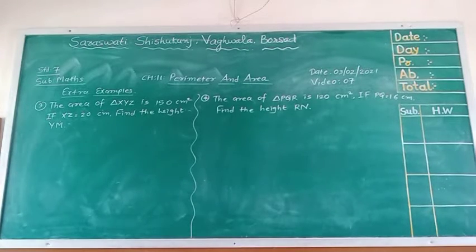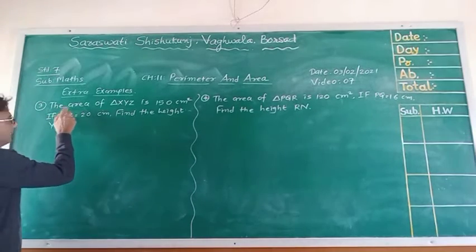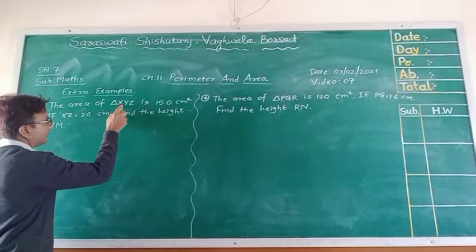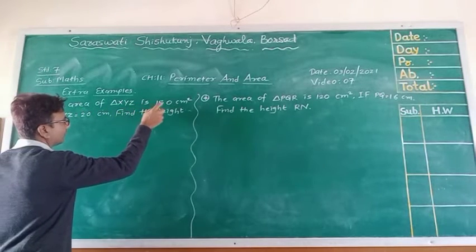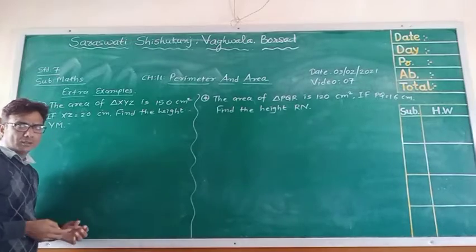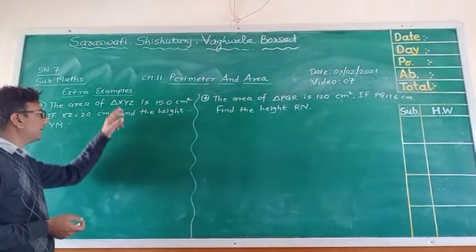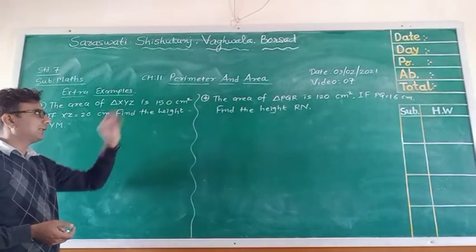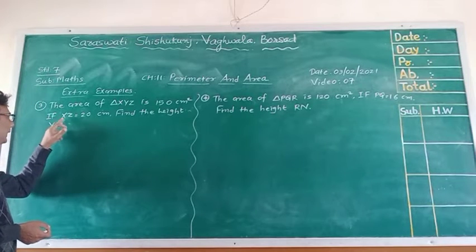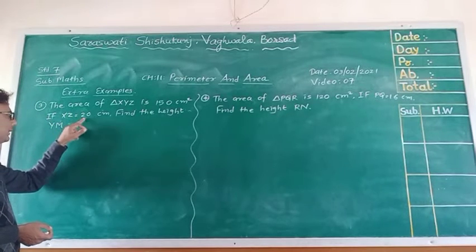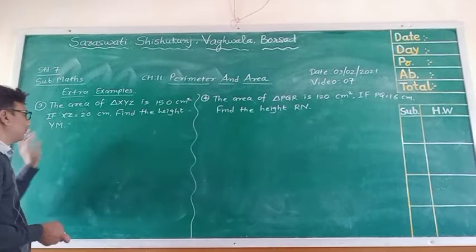In sum number 3, the area of triangle XYZ is 150 centimeters squared. So in this sum the area is already given, 150 centimeters squared, and the XZ side measurement is 20 cm. Find the height YM.